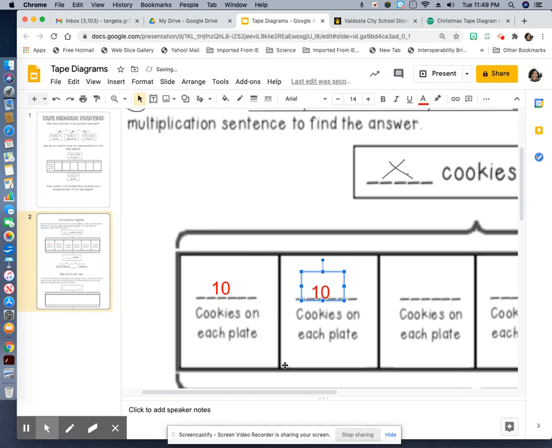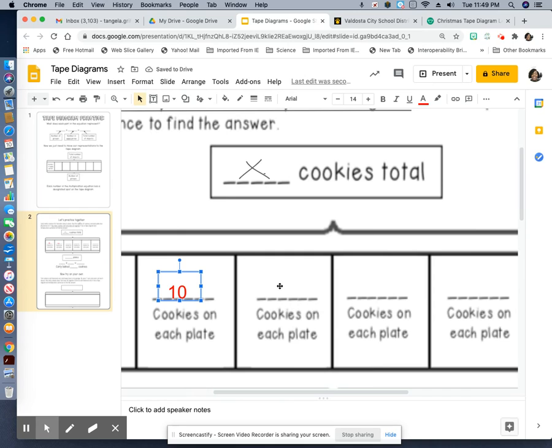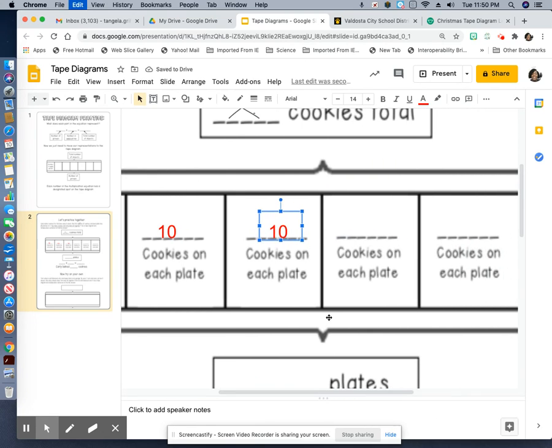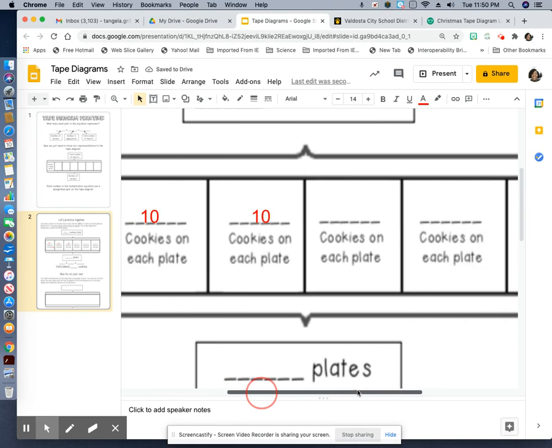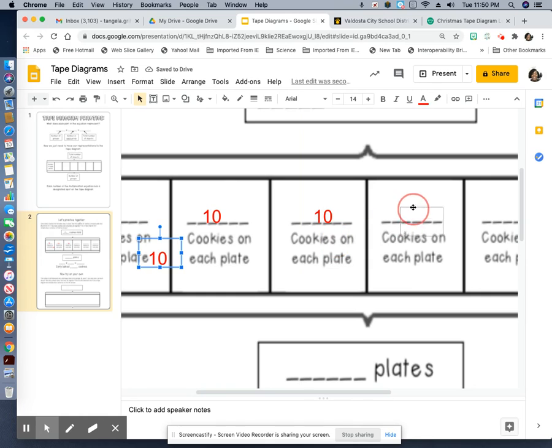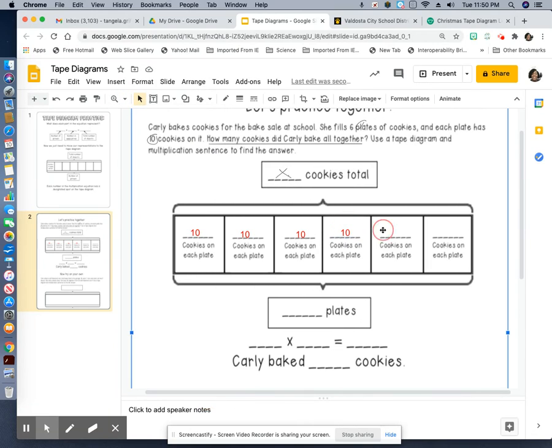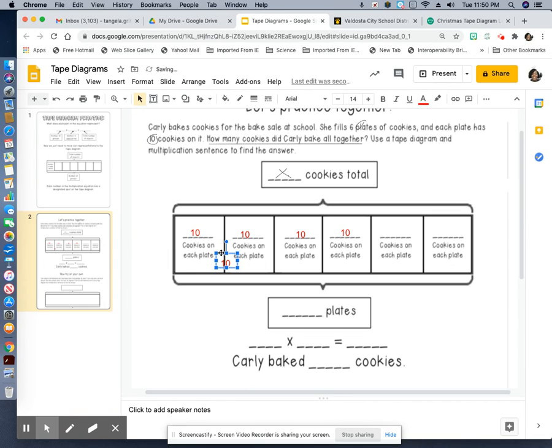So we have 10 here, 10 here, and 10 here. Okay, and let's make this where we can see the whole screen. So we see we have 10 cookies on each plate.